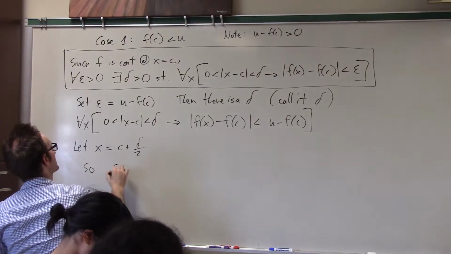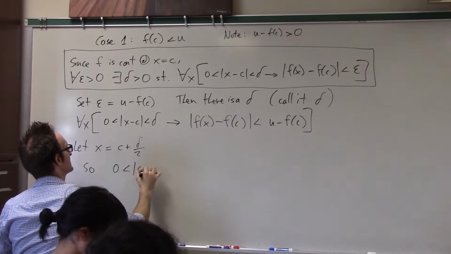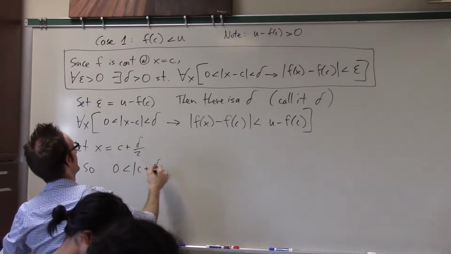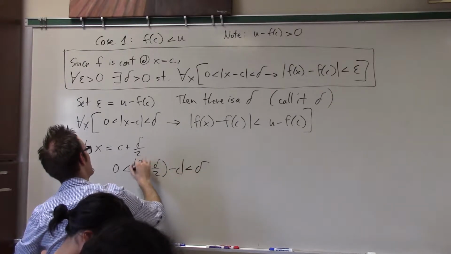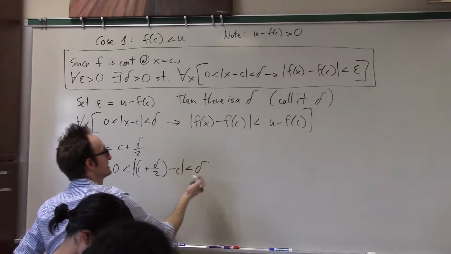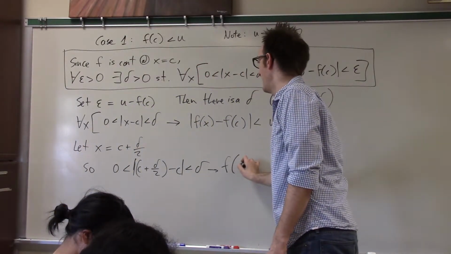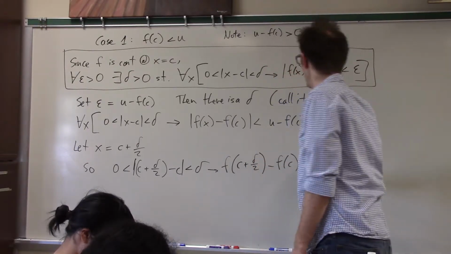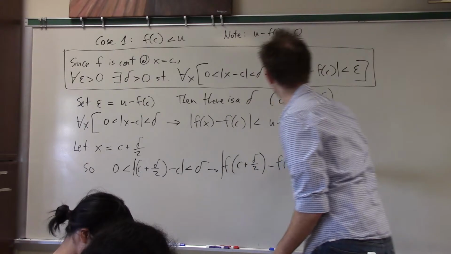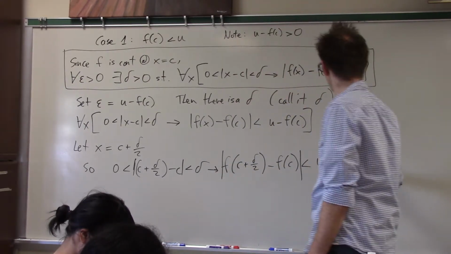And so if I plug c plus delta over 2 in for x in this conditional, then of course the difference between c plus delta over 2 and c is less than delta, which it is, so the absolute value of f of c plus delta over 2 minus f of c is less than u minus f of c.